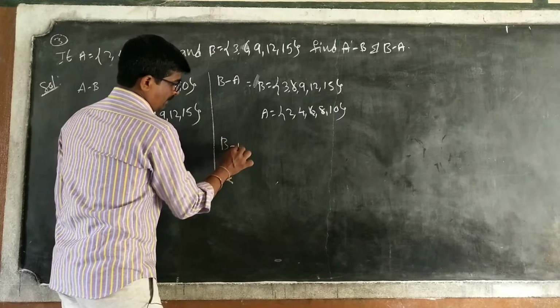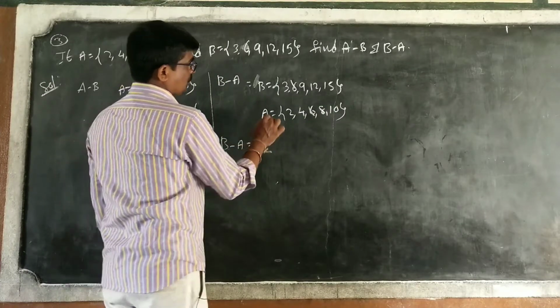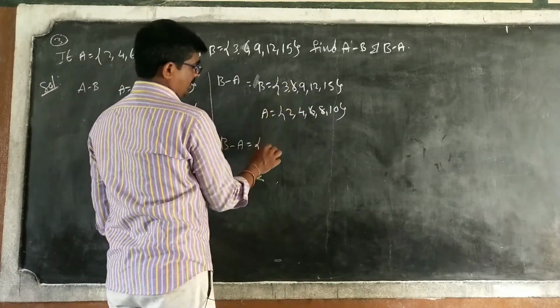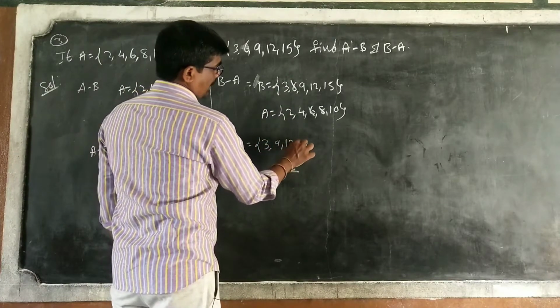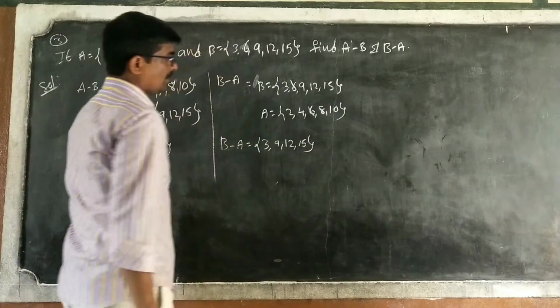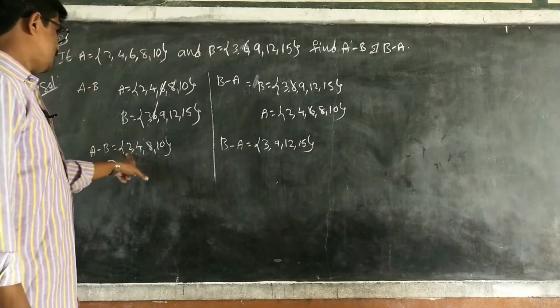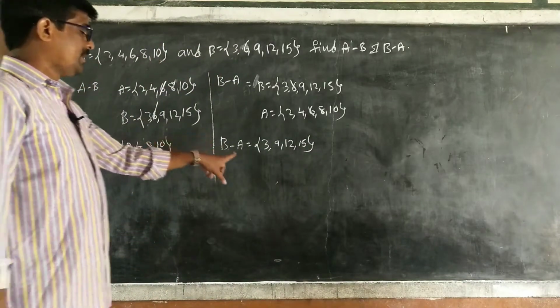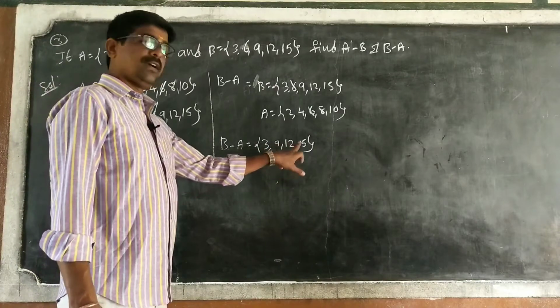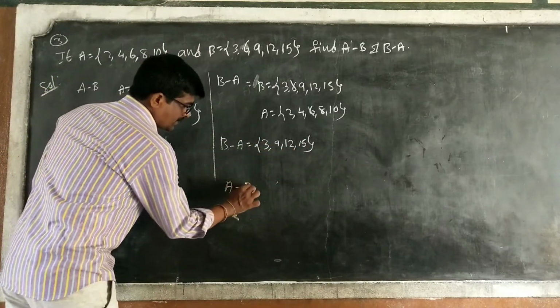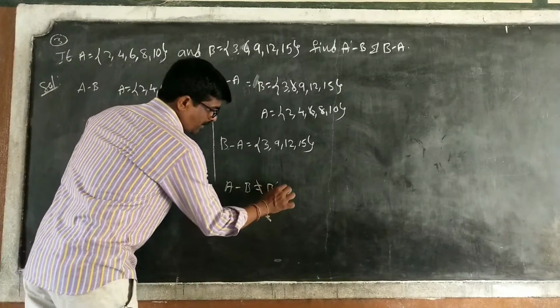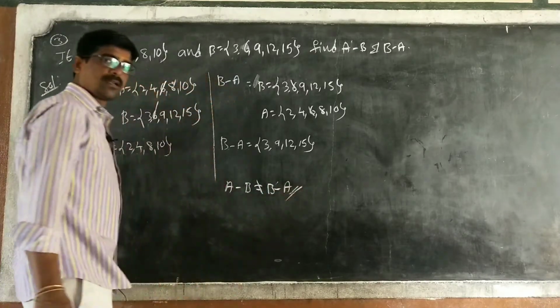Therefore, B minus A is equal to {3, 9, 12, 15}. A minus B is {2, 4, 8, 10} and B minus A is {3, 9, 12, 15}. So A minus B is not equal to B minus A.